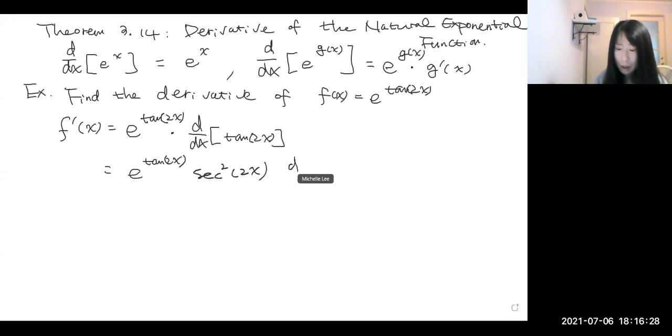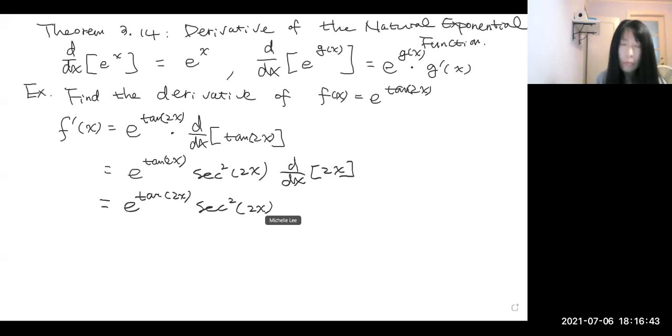But then we have not taken the derivative of the variable yet. So we're gonna use the chain rule again. What do you get? Derivative of 2x. 2. So let me write down 2 in front, okay? So this is the final answer.